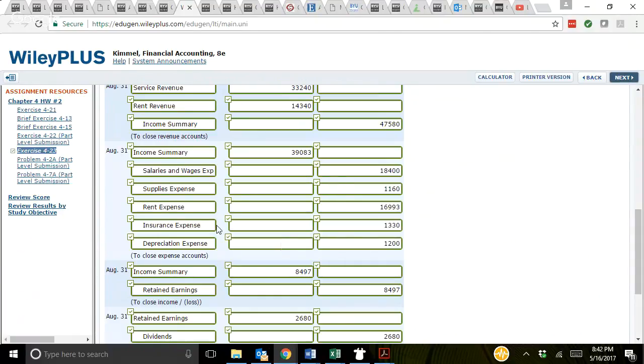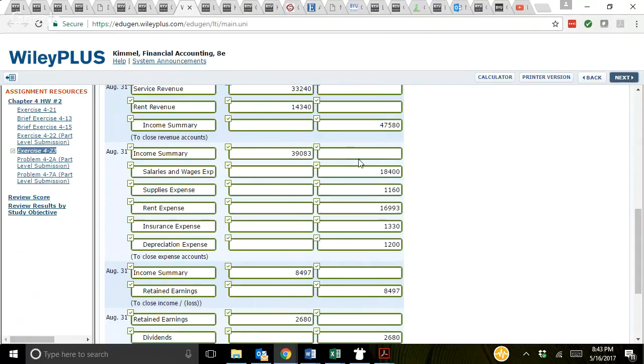So now the expenses are closed out, and all we have are two entries for income summary. Those go to the next one, which is to close out the income or loss. The two accounts involved in this are retained earnings and the income summary. We start with the income summary. What is this number?